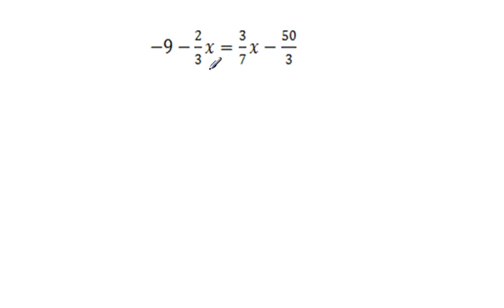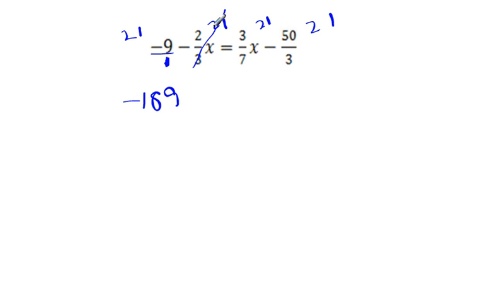Let's go. Least common multiple of 3 and 7 and 3 is 21. So I multiply this by 21, this by 21, this by 21, and that by 21. When I multiply this one by 21, I get negative 189. Because there's nothing to divide the 21 by, it's just a 1 on the bottom, so nothing cancels.